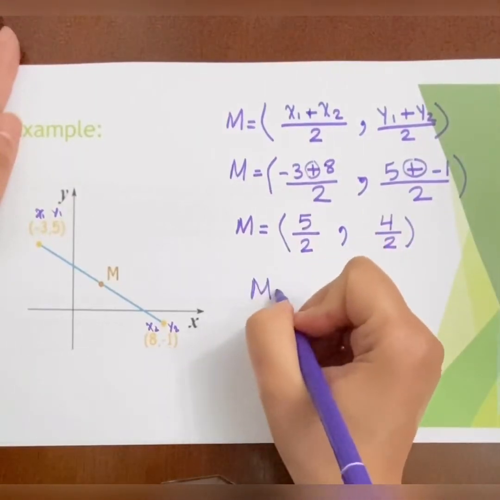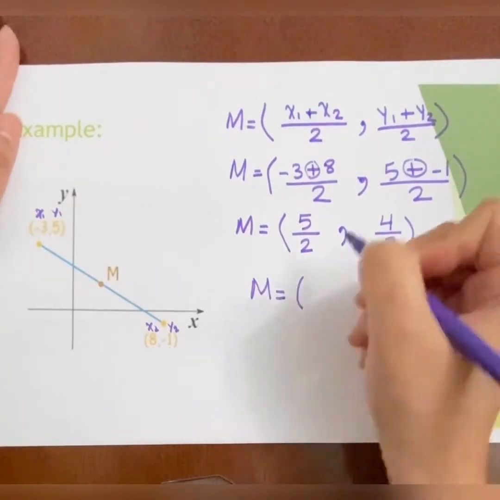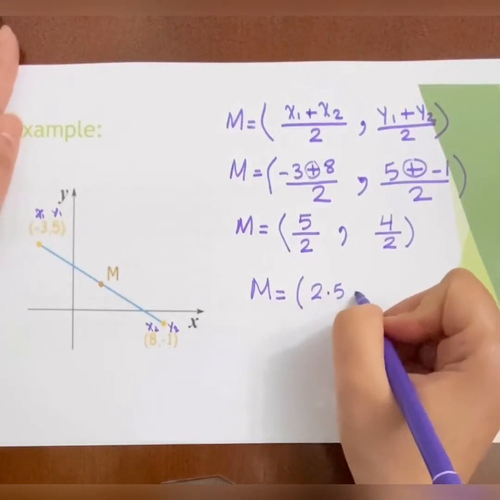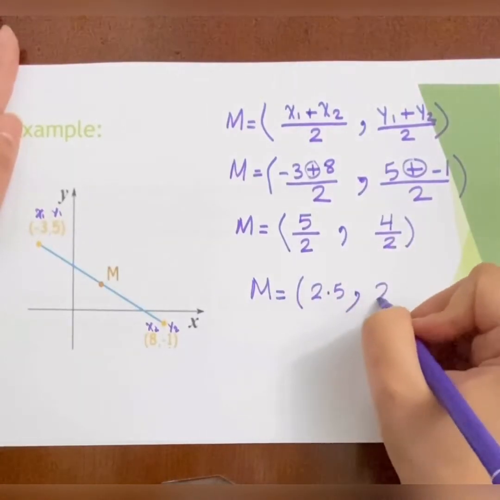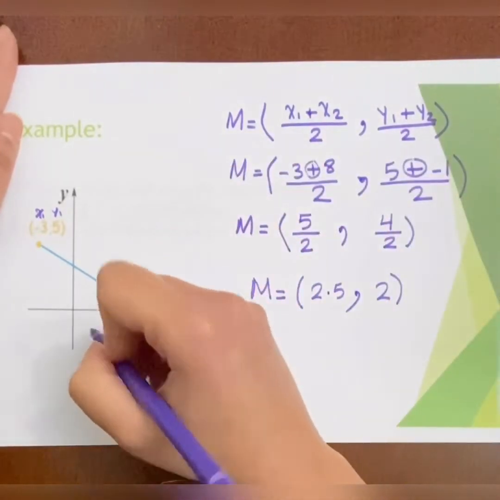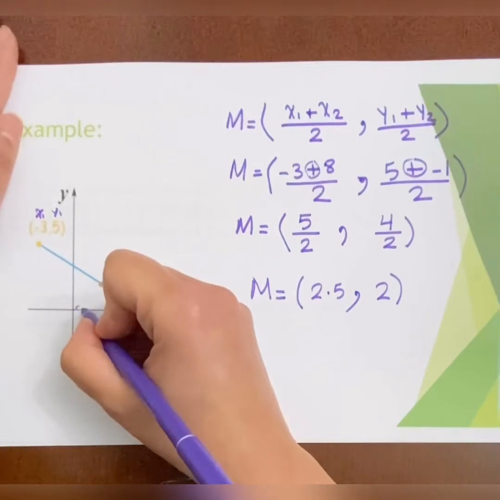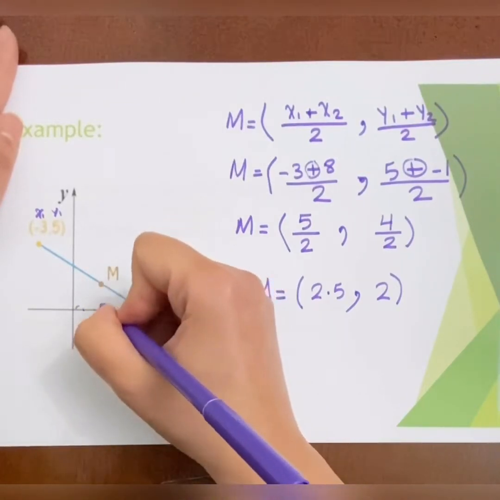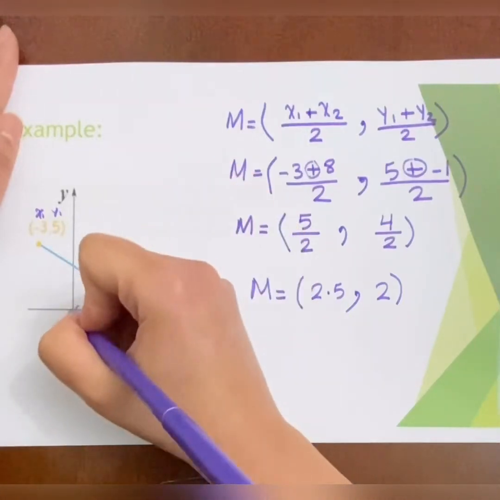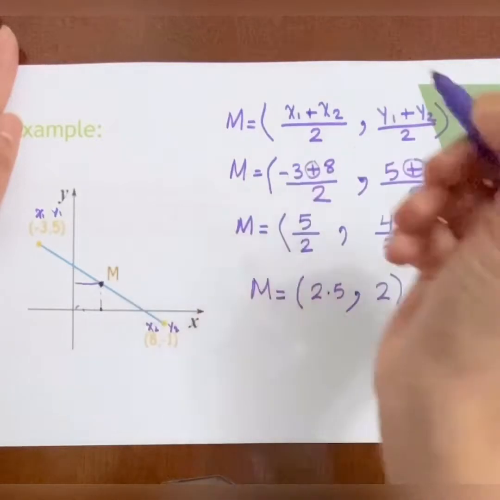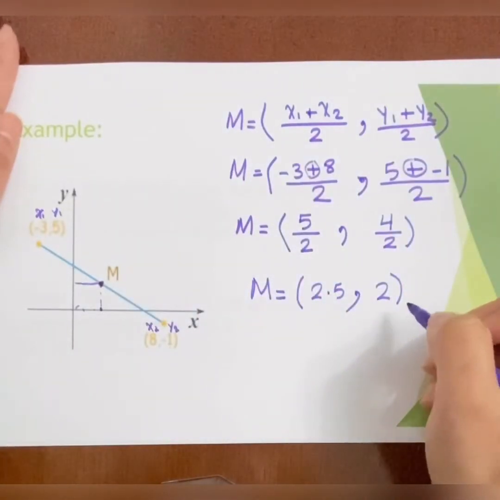Now we have to find our points. 5 over 2 is 2.5. 4 divided by 2 is 2. So we will find our midpoint, 2.5 here, 1, 2 here. We will go up, and 2 points from the y-axis, so here is our midpoint.